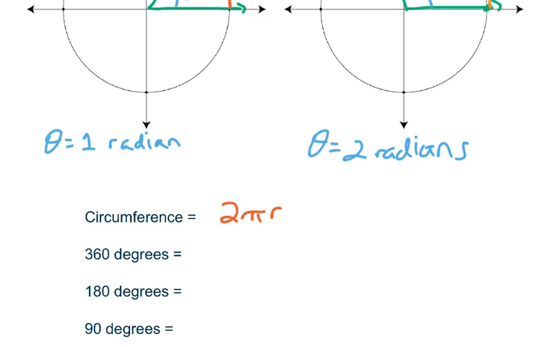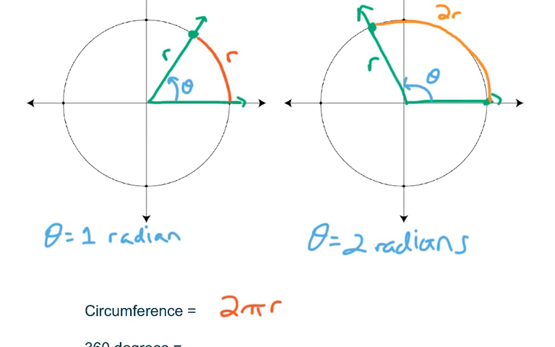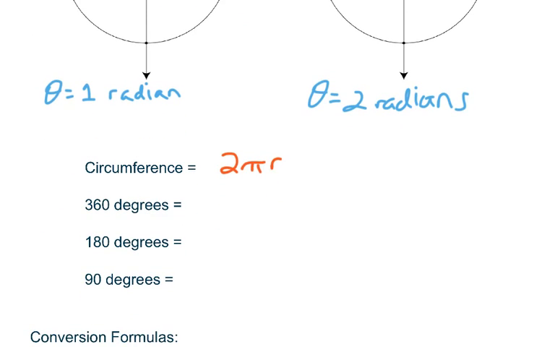Well, you can think of this in terms of radians by thinking, okay, the circumference is all the way around the circle. So if our angle went all the way around, that would be 360 degrees. So then if our angle is 360 degrees, in terms of radians that would be 2 pi radians. 360 degrees is 2 pi radians.